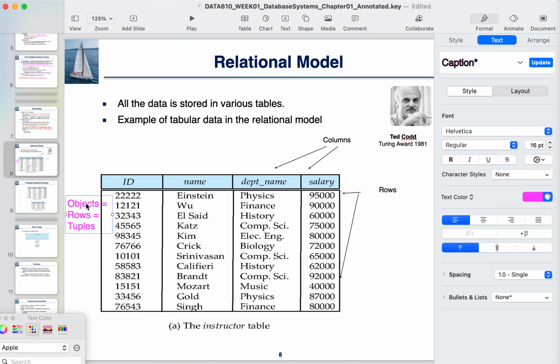Objects, rows, and tuples are the same thing. They are listed horizontally, and then vertically we have the columns.